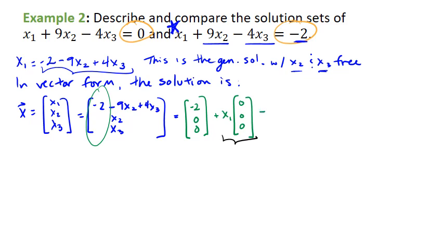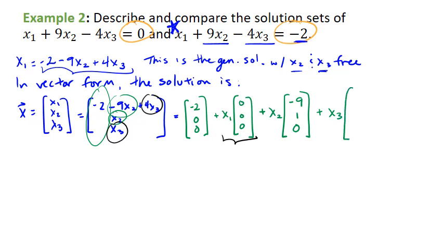Okay, but then next we have x2. Notice that we have an x2 here and here. So if I factor out my x2, I would have a -9, 1, and nothing for x3. Then for x3, I have an x3 here and here.